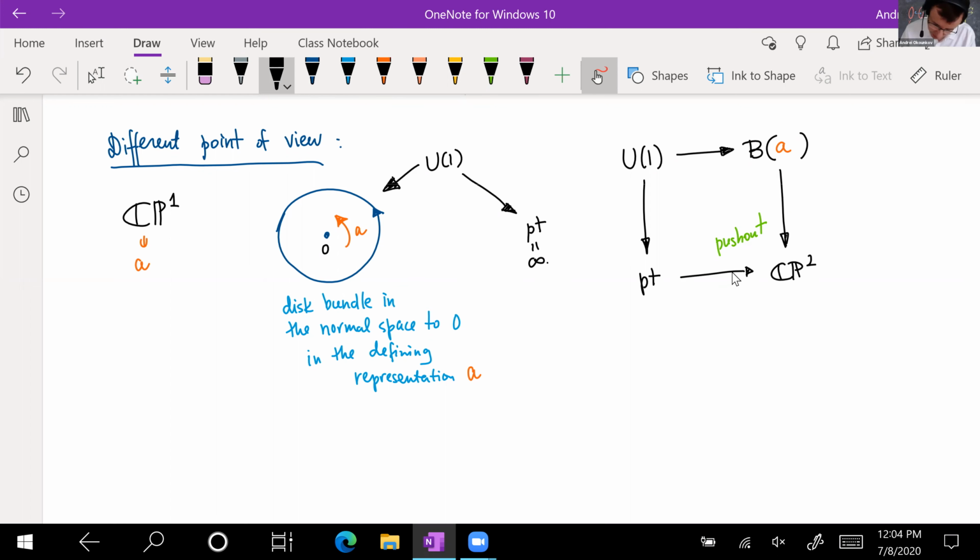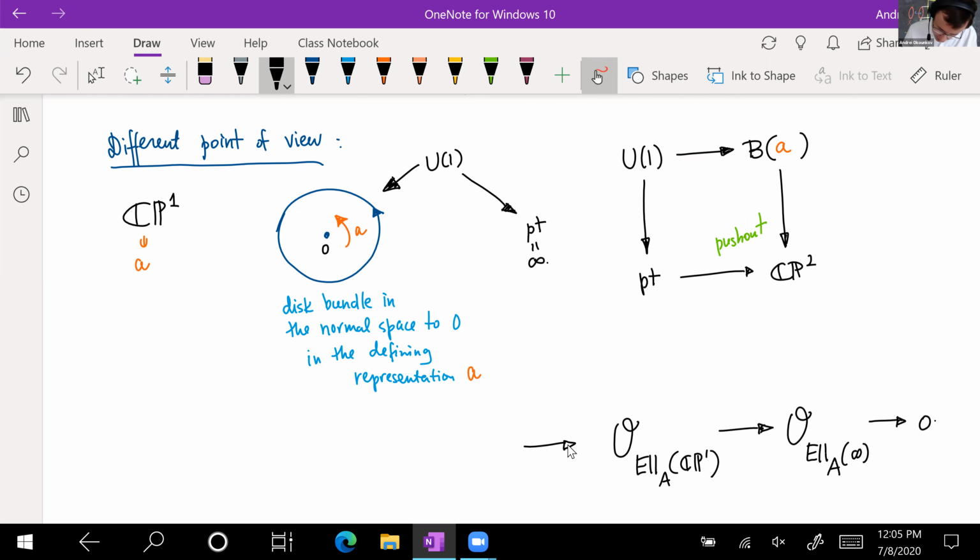This means you can take the elliptic homology of CP1, the equivariant elliptic homology of CP1, and restrict it to the point infinity.